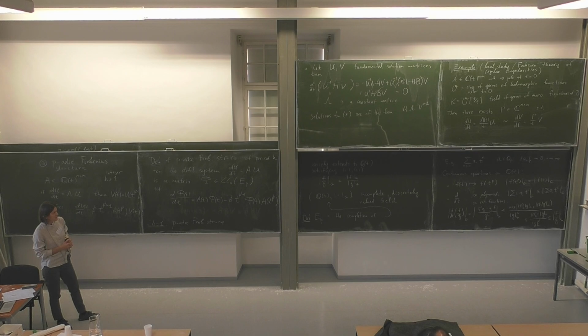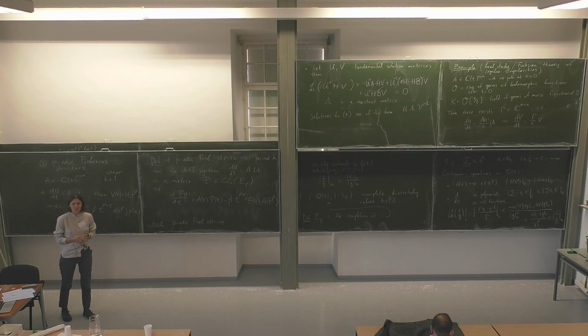Then this notion goes back to Bernard Dwork, to his deformation theory of local zeta functions of algebraic varieties. At the beginning of his lecture, Duco van Straten was mentioning precisely Dwork's example.